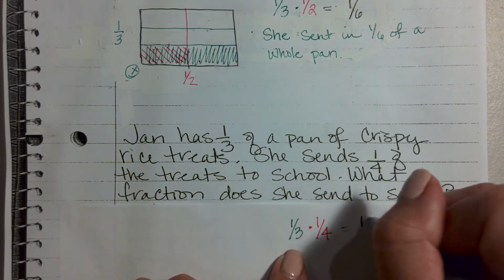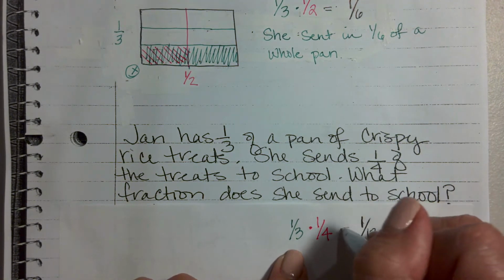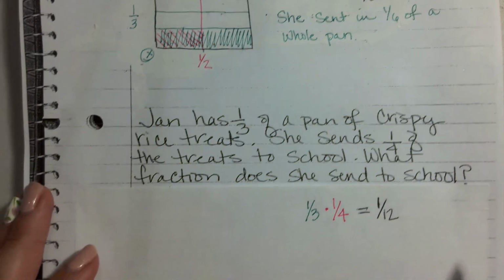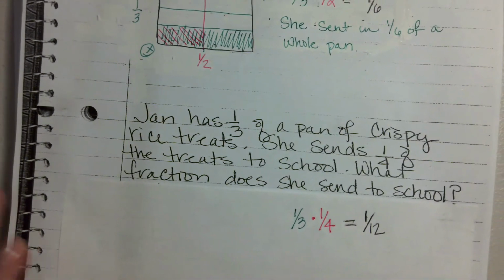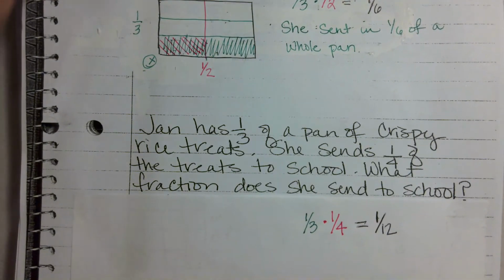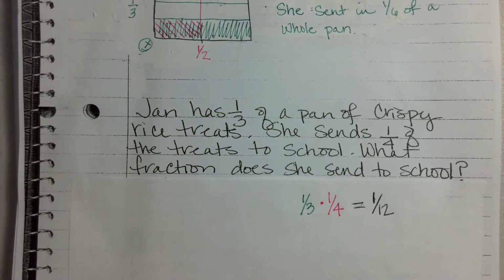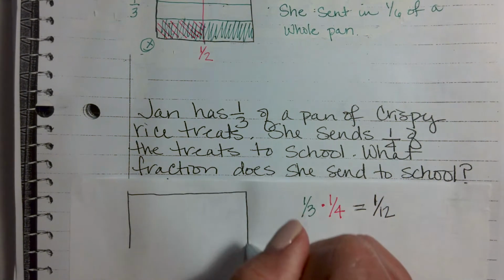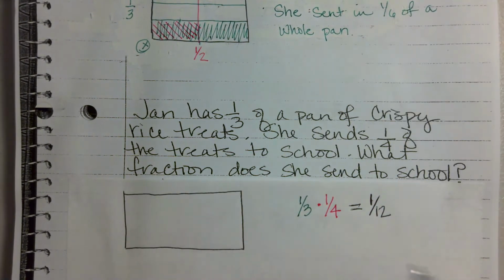We know this is quite easy, right? That is not hard. But the big idea from this lesson is, can we model and show the number sense? What are we doing? Like, what does this look like? What does this represent? So here we go.